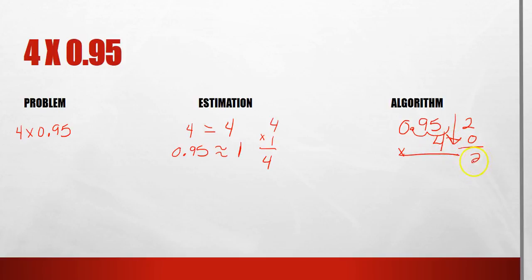None down here, so I'm going to put it back in 2 place values, so I'm going to have a hundredth in my answer. 4 times 5 is 20. I'm going to regroup. 4 times 9 is 36, plus 2, 38. 4 times 0 is 0. I move it back in 2 places, so my answer is 3 and 80 hundredths, which is less than 4, which is what we said it would be.